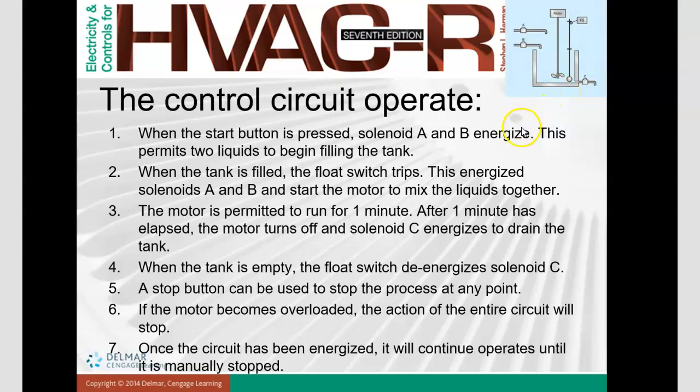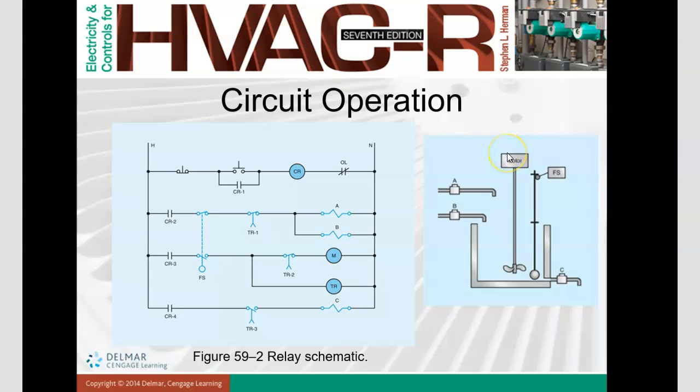So let's have a look at the relay schematic. Here we have a push button over here and a push button over there. This is to start, and this may be to stop. For example, we have CR1.